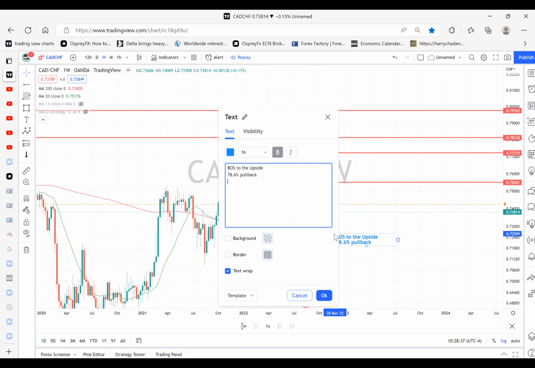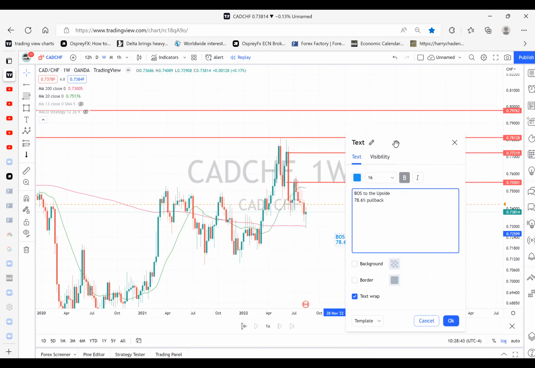78.6 pullback. You got the break of structure. You got a 78.6 pullback. You have the market at a narrow state. What else do we have? You have consolidation and you have an order block.